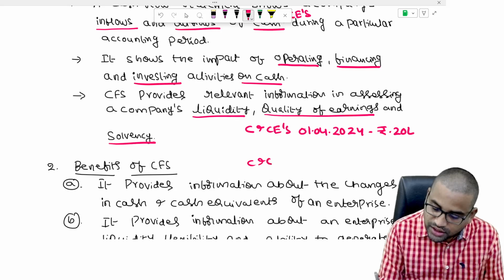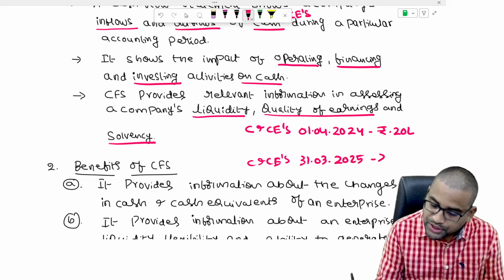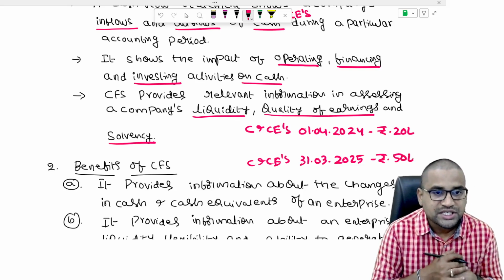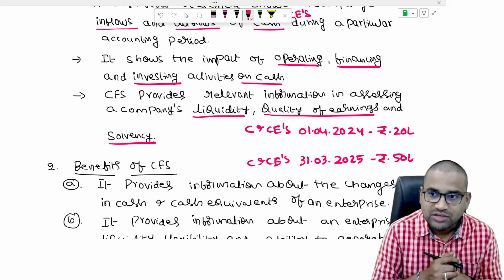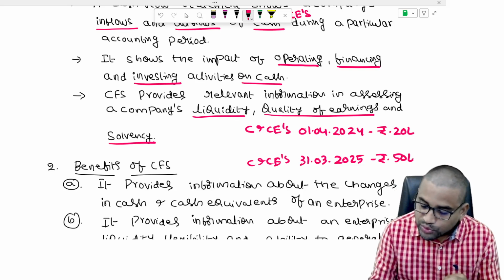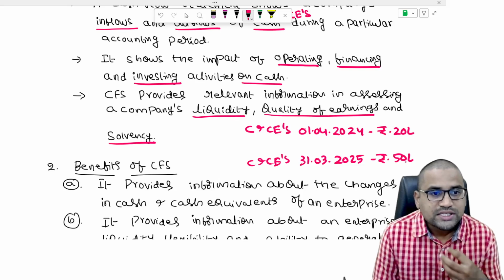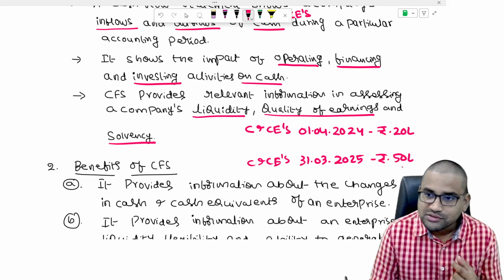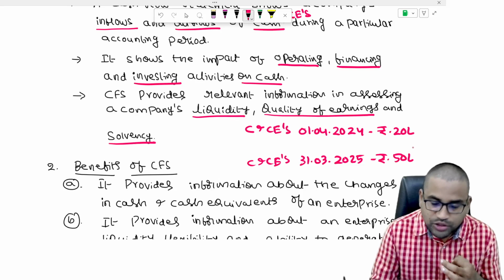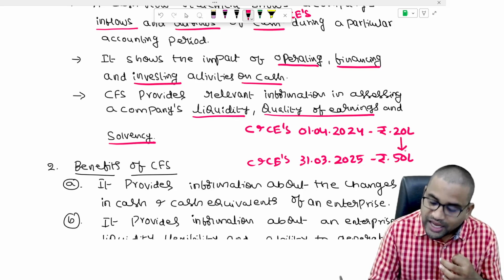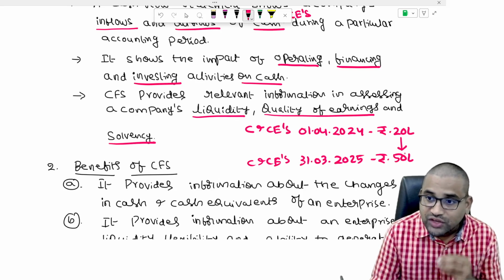Now cash and cash equivalents on 31st March 2025, suppose 50 lakhs. Opening cash and cash equivalents 20 lakhs, closing 50 lakhs. By looking at this, what is your opinion about the company's cash position? Obviously, you think the position is good because the cash balance has increased from 20 to 50 lakhs.